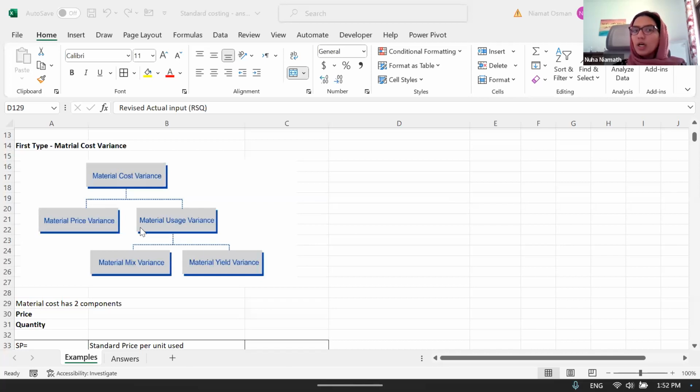Okay? Okay, now let me know usage variance. Can you type out what is usage variance? Khatija, perfect. Taslima, perfect. Yes. How about the others? That's correct, Jasnath. Okay. Then material mix variance.